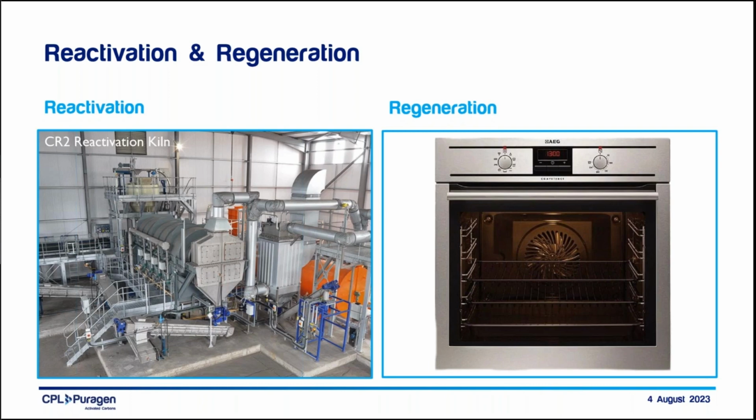Regeneration does leave a large heel of adsorbed species on the carbon, and that can be up to 20% remaining. So you're only perhaps dropping a 10% mass loading, reducing it from maybe 30% mass loading down to 20% mass loading. So that regeneration has to be done very frequently, daily.